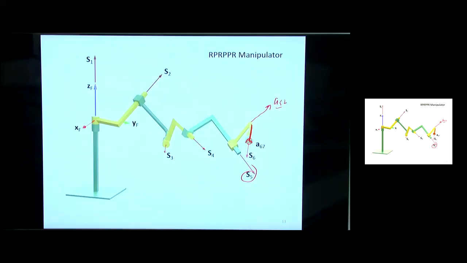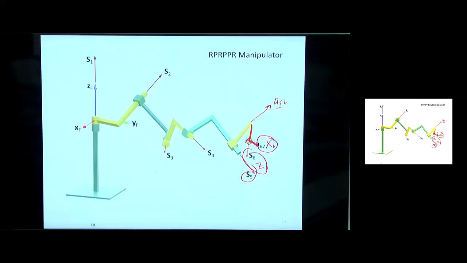So how far do I walk from A56 along S6 to get to where I want to put the A67? I usually pick the distance that'll put that A67 line on the mounting plate, but you don't have to. And then on the mounting plate, we're going to etch that direction so that now the last coordinate system, I can see it. It has Z along S6 and X along the A67.